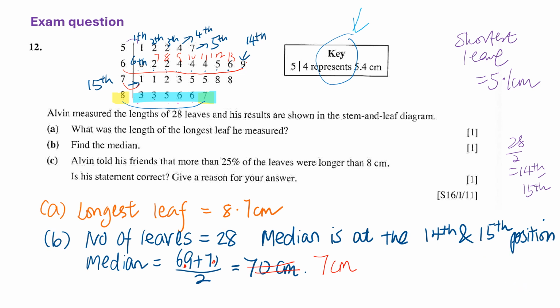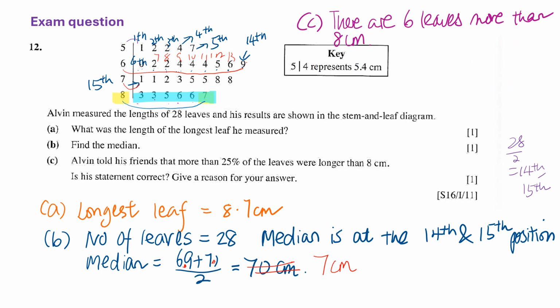Okay, and part C. Again, we are told that Alvin told his friends that more than 25% of the leaves were longer than 8 centimeters. Right, so is the statement correct? So let's see, longer than 8 centimeters. Let's see how many of them there are. Let's erase all this.